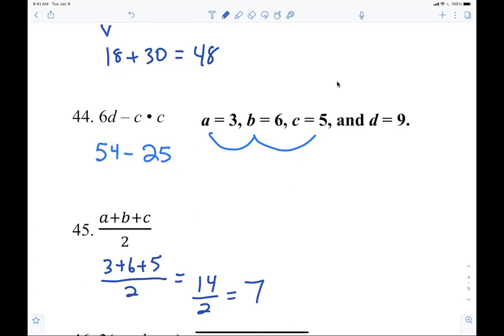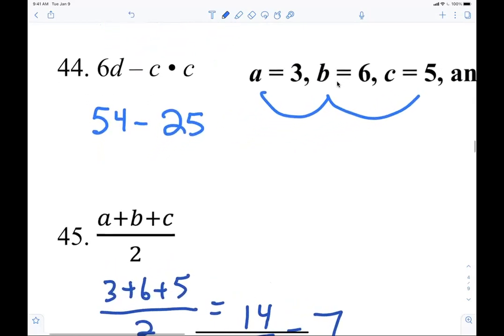And then now, we're practicing mental math. So tell me how you're thinking about that. What's 54 minus 20? 30. And then subtract 4, 30, and then minus 1. How about that?